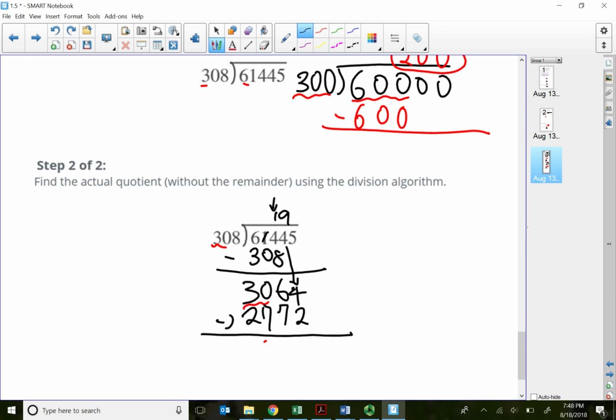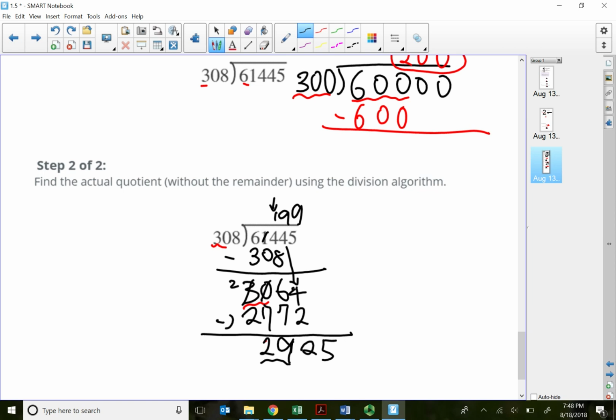All right, let's subtract. That's 2. 16 minus 7 is 9. This 0 had to borrow from the 3. So this is 9 minus 7, which is 2. Bring down the 5. All right. 3 goes into 29 about 9 times again, isn't it?